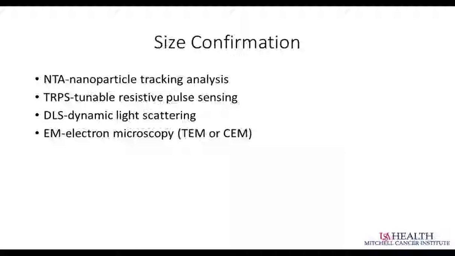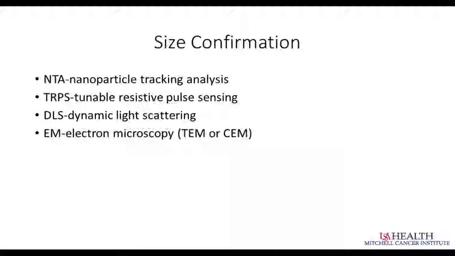So in this method, a membrane has a very small nanometer hole in it, and every time a particle crosses through it, an electrical charge is developed from one side to the other side of the membrane, and that is responsive to the size of the particle. It's highly accurate. It also gives you a very accurate method of concentration. These instruments haven't been around that long, and I think that over time they're probably going to overtake NTA because, in my opinion, I think they're probably quite a bit more sensitive.